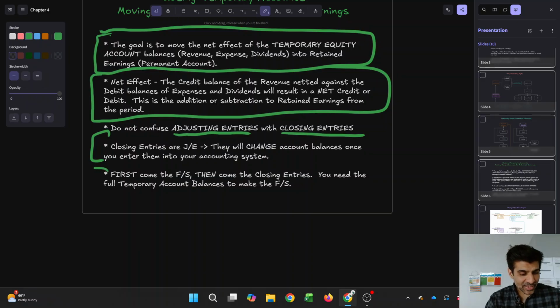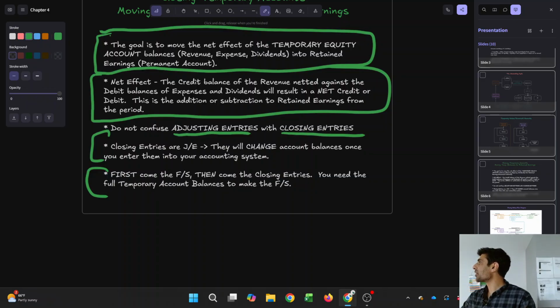And because of that, order matters. You first get the adjusted trial balance, you make your financial statements, and then you do these closing entries. Because if you did the closing entries first, you would have lost that information, since you need your revenues, expenses, and dividends to make the income statement.